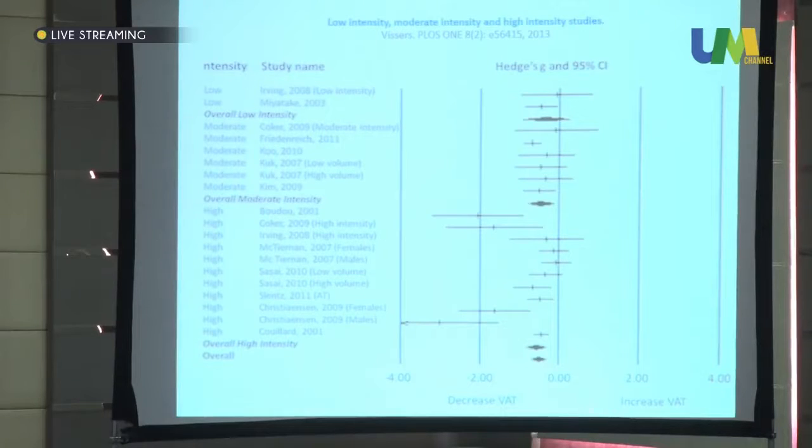If the dot is on the right, it means exercise training increases VAT. If you look at all the papers or scientific evidence, you see most of the means are located on the left of the middle line, which means exercise consistently reduces body fat.